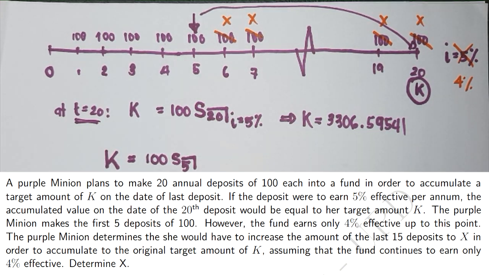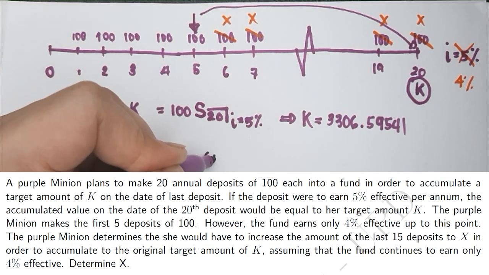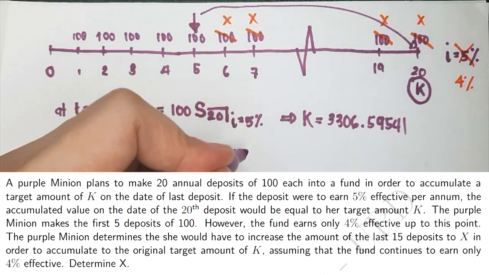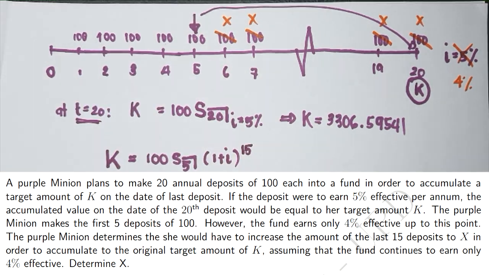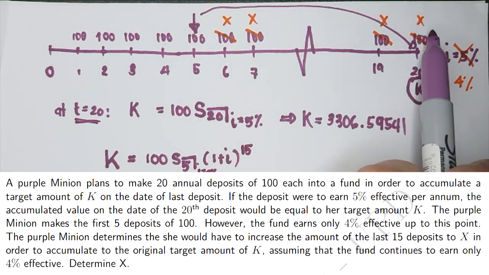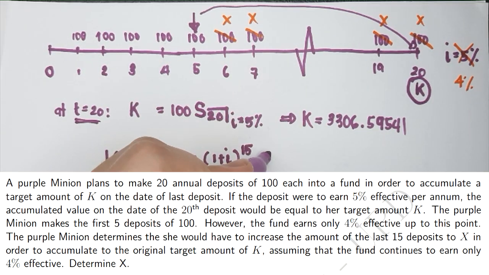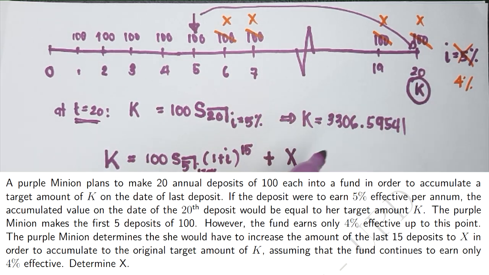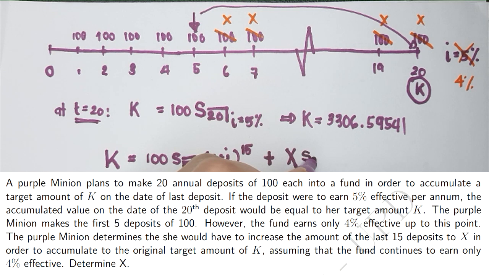By multiplying this value by an accumulation factor. So, that is 1 plus i raised to ilang years ito? 15. Don't forget, ang gagamitin yung i ay 4% na. Hindi pa dyan tapos. Kasi meron pang other amounts. So, plus, yung X naman, kapag vinalue ko yan to time 20, it is simply S angle 15.